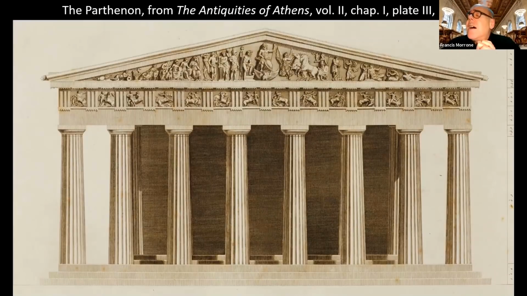No, Greek architecture wasn't like that. Greek architecture may have been trabeated architecture, but it wasn't chaste. It was a highly decorated architecture, and this is a point that can't be stressed too much.